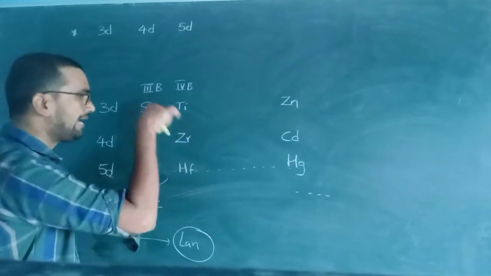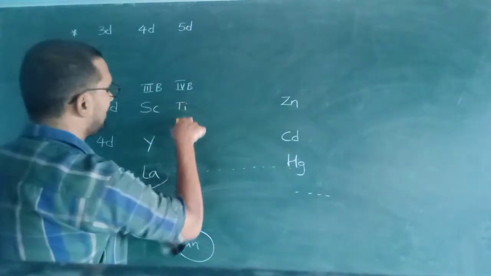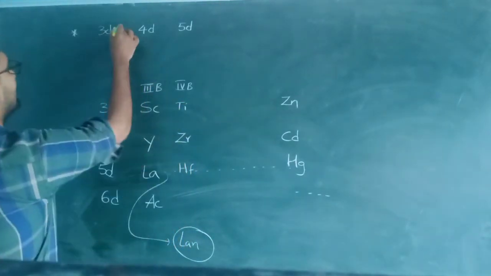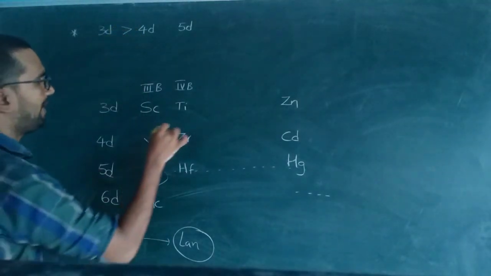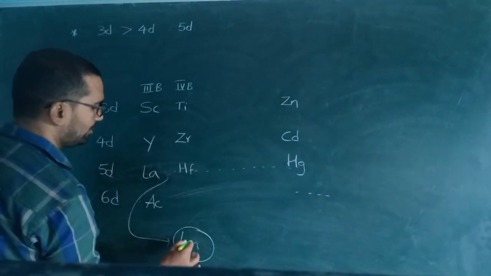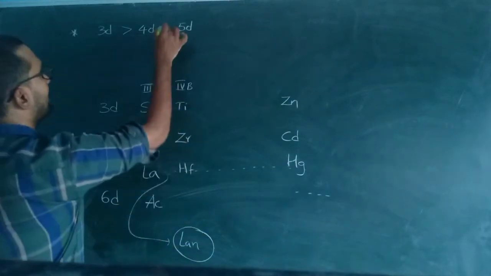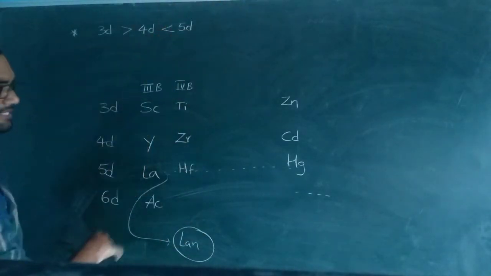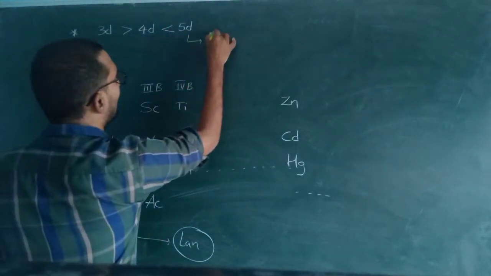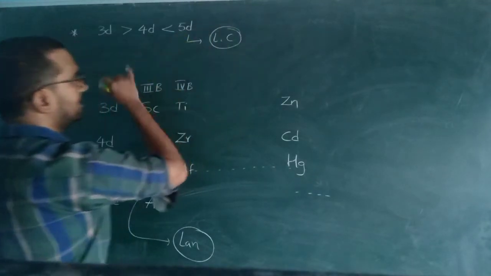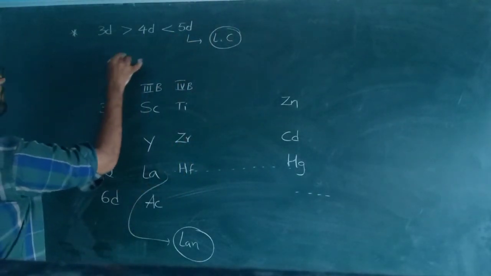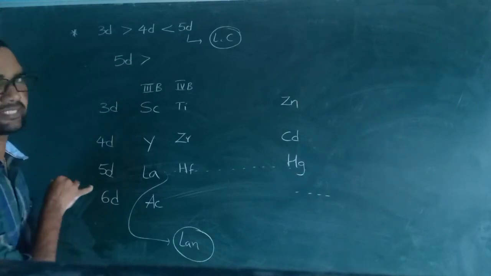That's why ionization energy also, titanium to zirconium decreases. But zirconium to hafnium, due to lanthanoid contraction, 5D increases. What is the reason here? Lanthanoid contraction. That's why overall 5D series elements show more ionization energy.